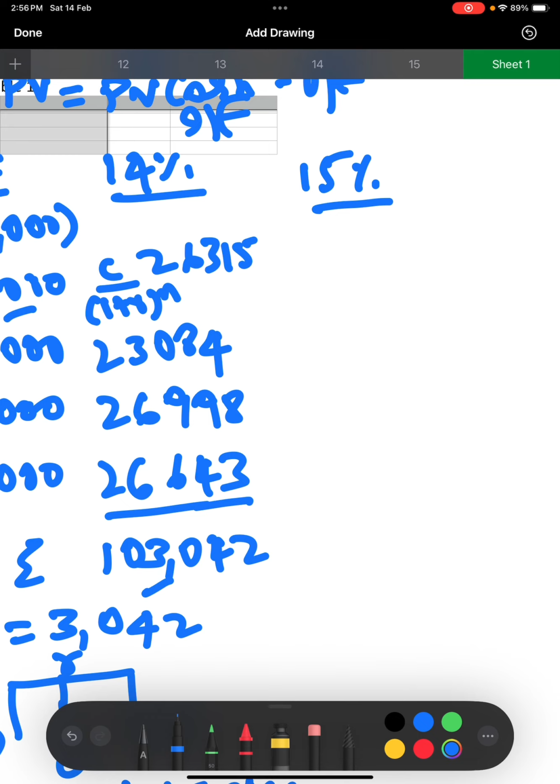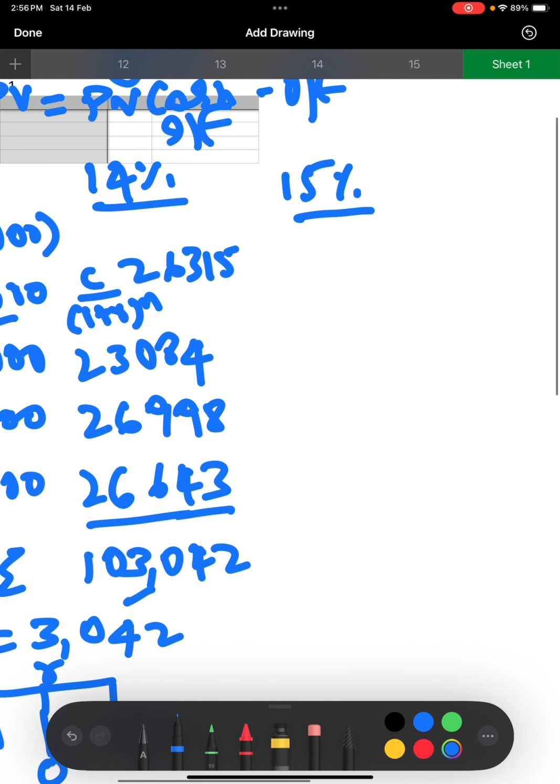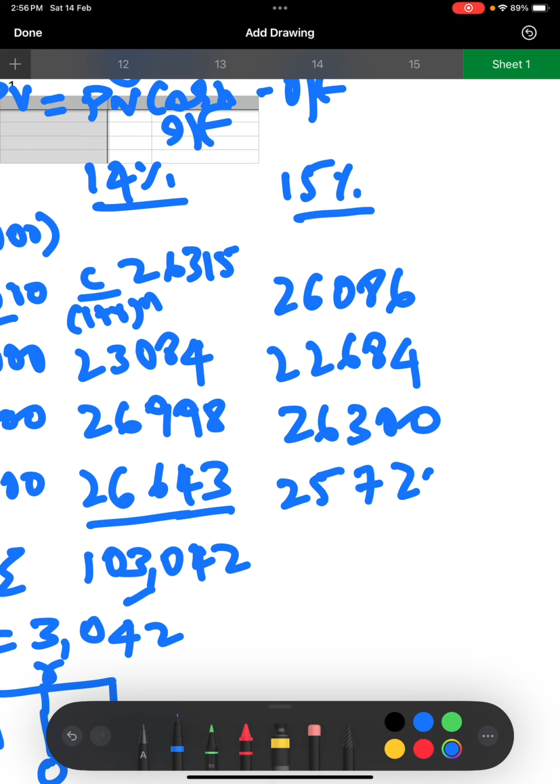If I do it for 15%, then for the first year I get 26,086, and 22,684, and then 26,300, and then 25,728. I'm again taking these randomly.